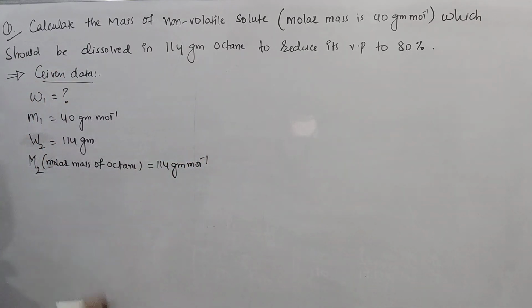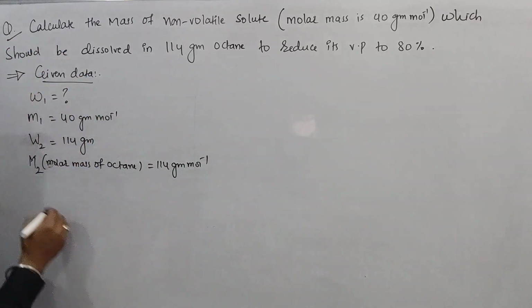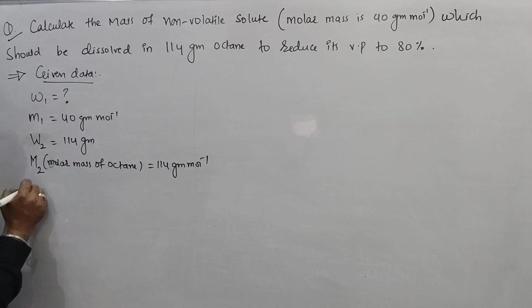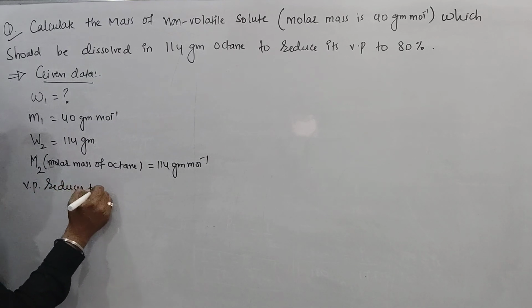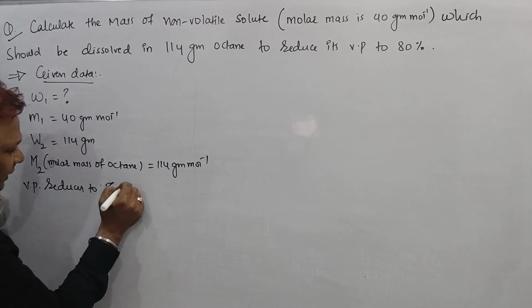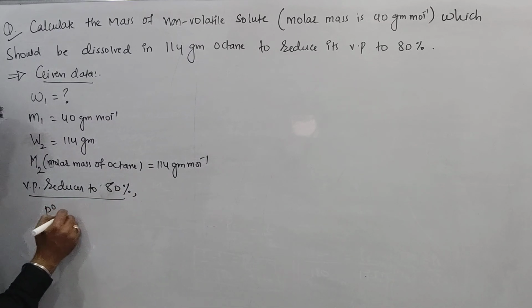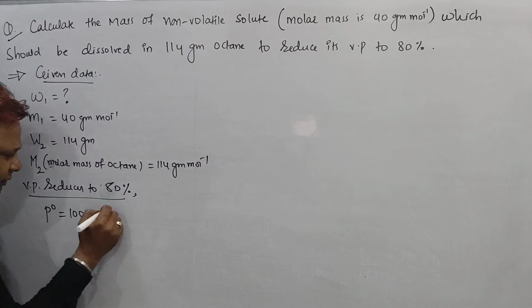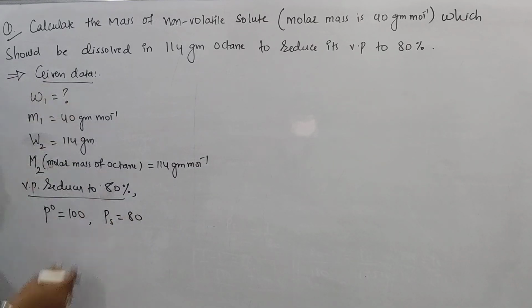To reduce its vapor pressure to 80%, let us say this is the vapor pressure. Sir, vapor pressure reduces to 80% means what? If P naught is equal to 100, then your PS becomes 80. So this is the given data.